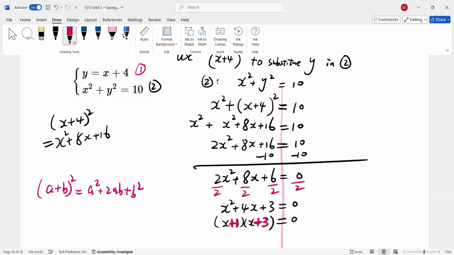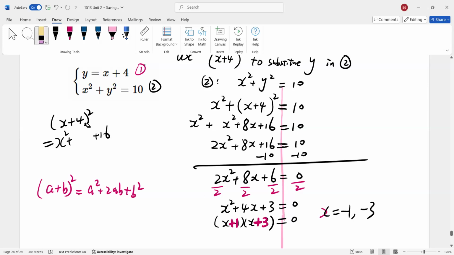Right side is 0, left side is parentheses times parentheses. In each parentheses, we have a variable x plus a number. The solution is going to be the opposites of the two numbers. Opposite of positive 1 is negative 1. Opposite of positive 3 is negative 3. So now we have found the values for x.